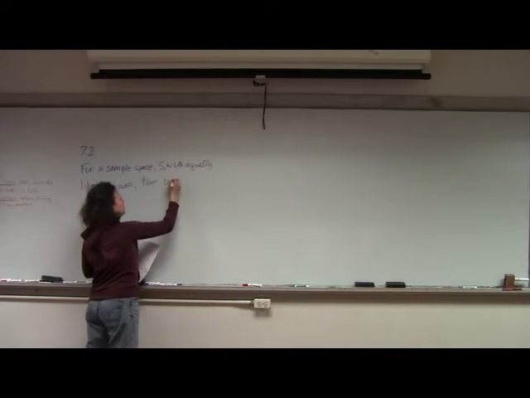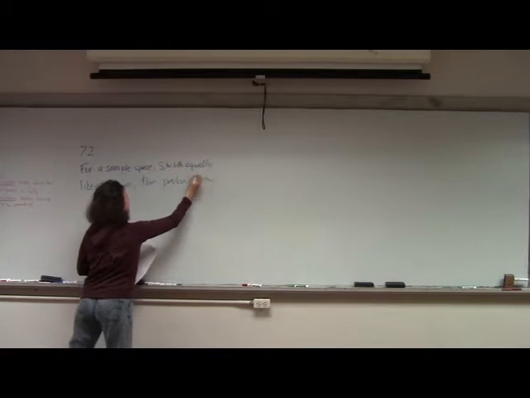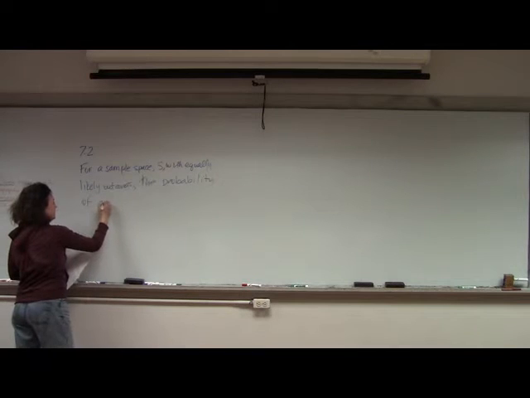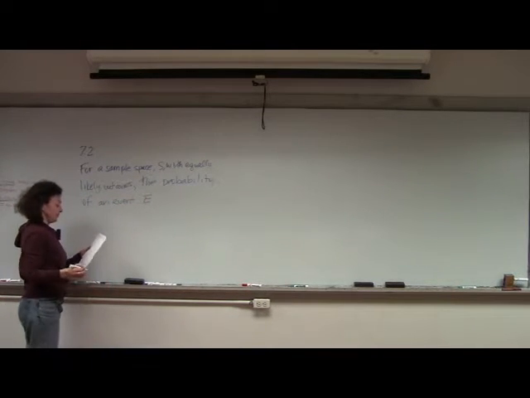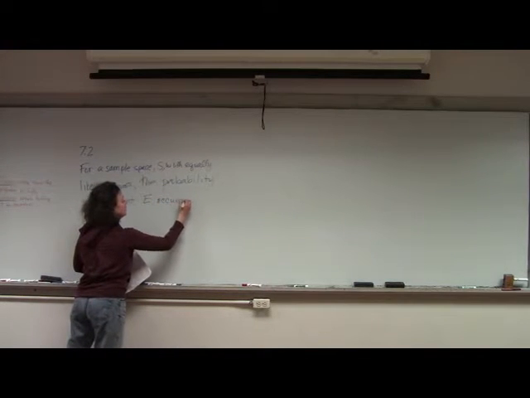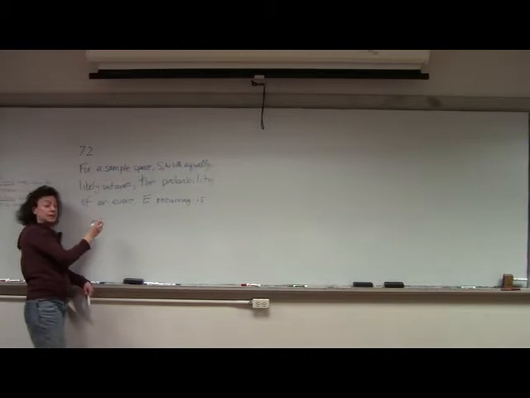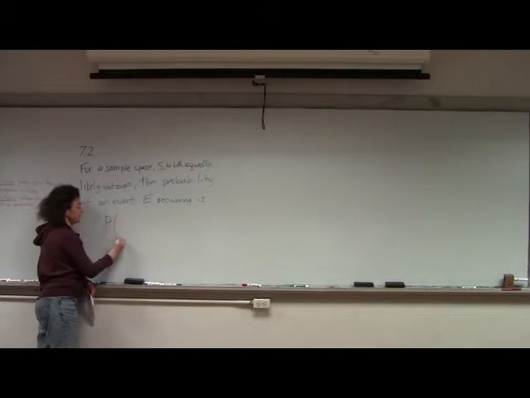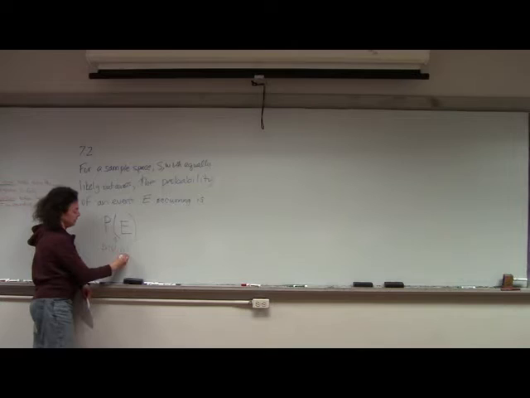The probability of an event E occurring is, okay, so the way we write the probability of event E is this is how we write it, P of E. So this says the probability of E.